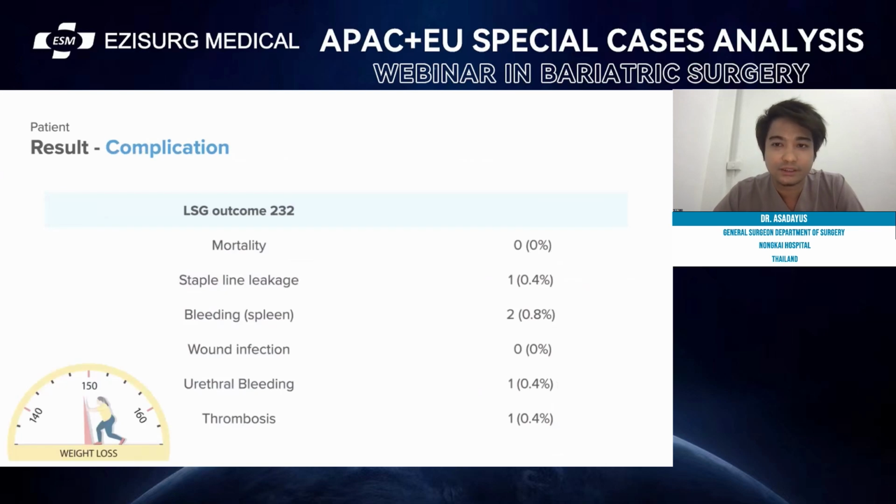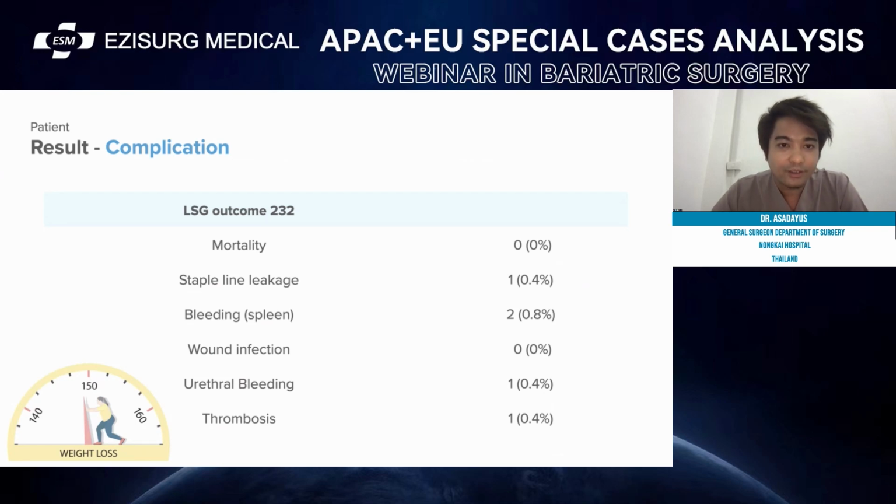And about complications, there was 0 mortality. A staple line leak occurred in 1 patient, 0.4%, and we corrected it endoscopically with endoscopic clipping and endoscopic suture.